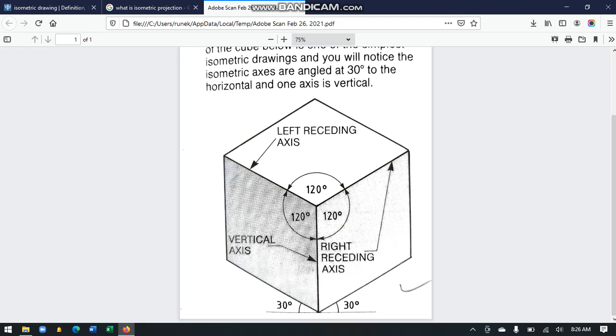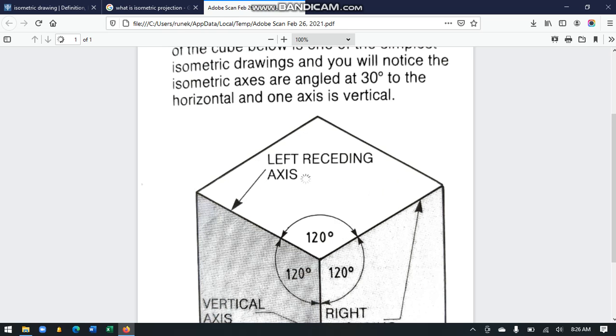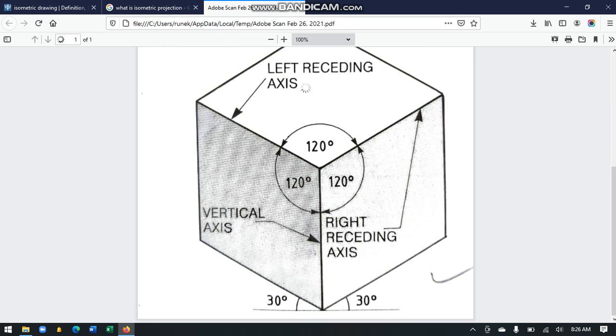Let me just zoom up on it. One going in the left direction and one going in the right direction. And then you also have a 90-degree angle, and that 90-degree angle is at 90 degrees to this baseline here.